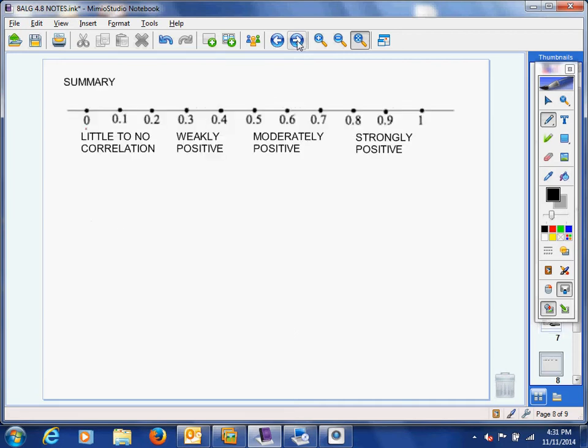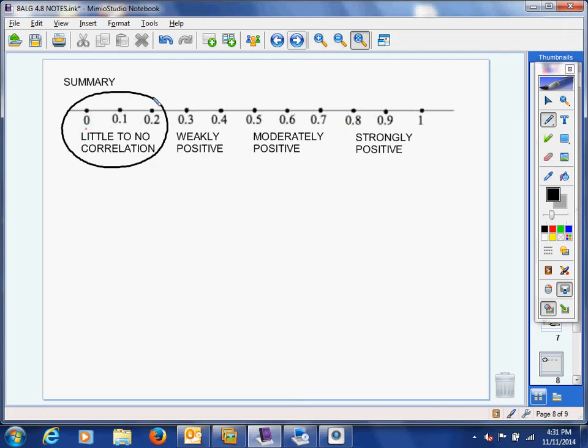Now, on the next page, I created a chart. I only did the positive side of the chart. I did not do the negative side, but it would be flipped, just negative on the other side. So remember what I told you, numbers clustered around 0 means little to no correlation at all, okay?